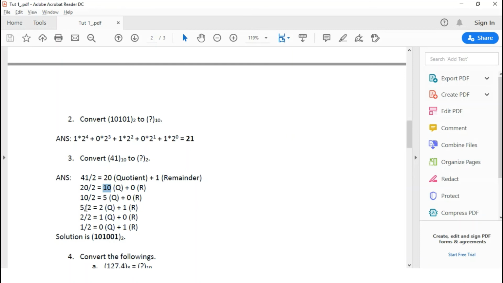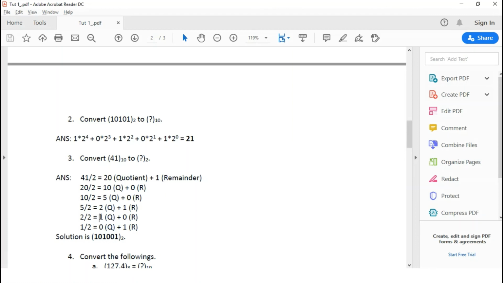Okay, now we take the 5 as the quotient and divide it by 2. So 2 will be the quotient and 1 will be the remainder. Again we take the 2 as the number and divide by 2. So again 1 is the quotient and 0 is the remainder. Now, we have to stop this process when the quotient is equal to 0.